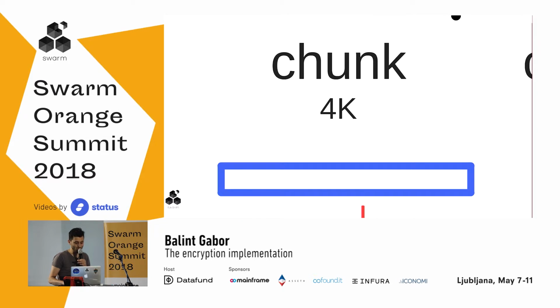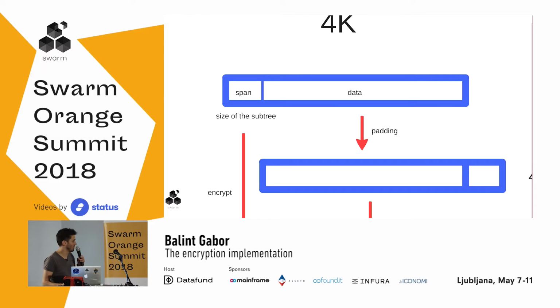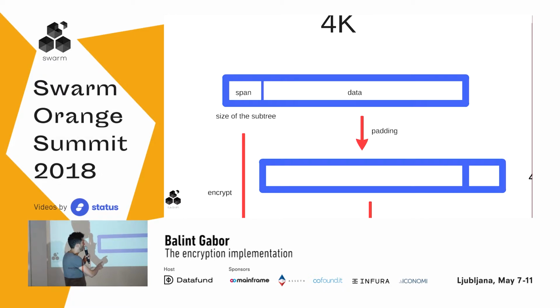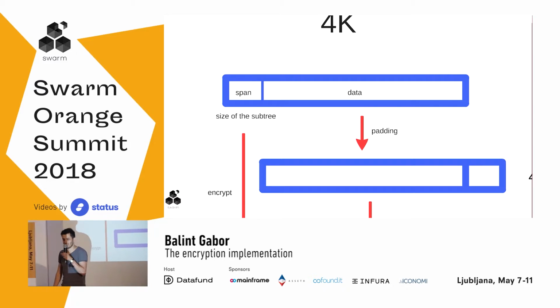So what is in one chunk? As I said, there is a span, which is the size of the subtree, and there is data. If it's a leaf chunk, then it's actually the data of the content that you want to store or retrieve. In the intermediate chunks, those are the references of the children chunks. And when we encrypt, as you saw in the encryption presentation of Daniel, first of all, we have to add extra random bytes to the chunk if the content is not 4K.